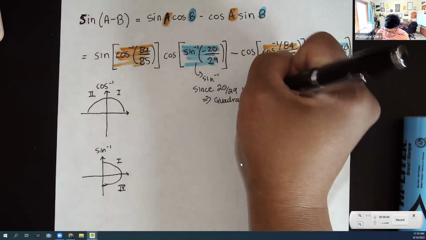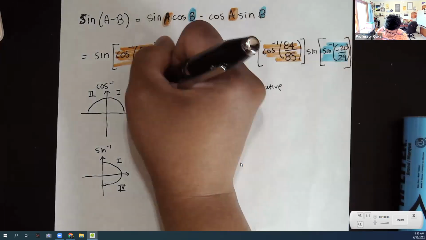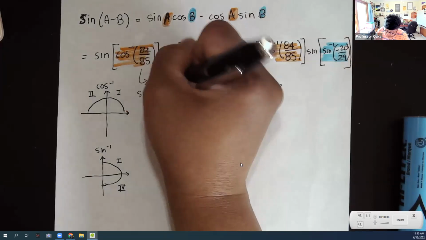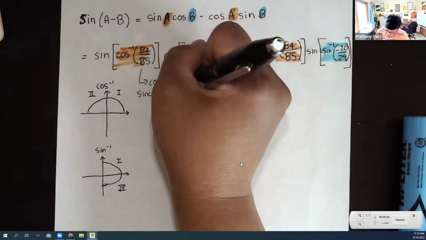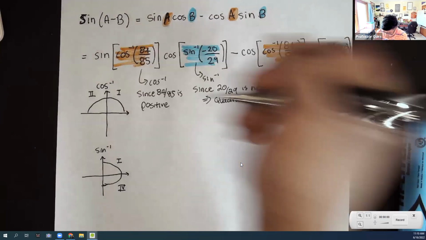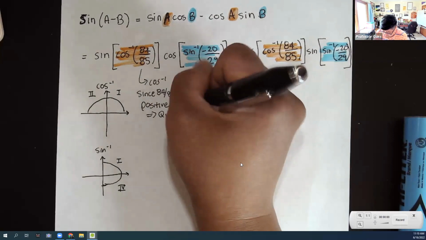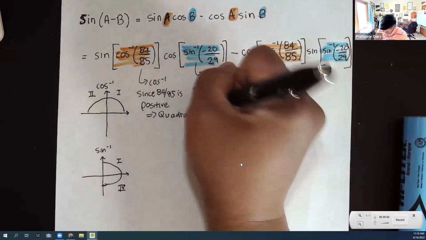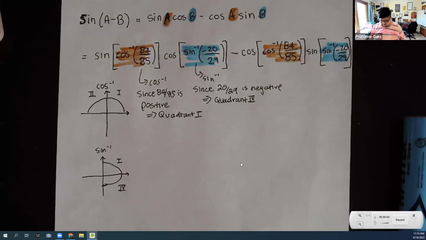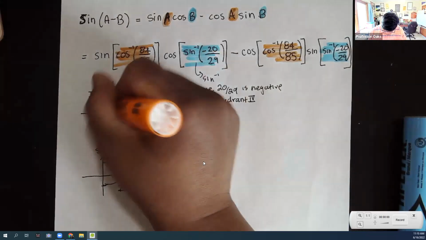And then for this one, we have cosine inverse, but since the 84 over 85 is positive, we're going to use quadrant number one. So what I'm saying then is that for the cosine inverse, since we're using quadrant one, we're going to draw the triangle like this.